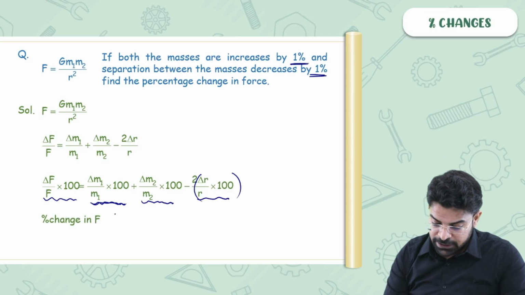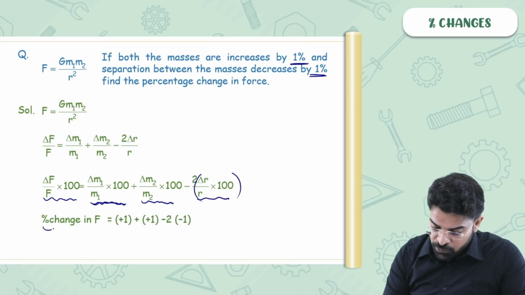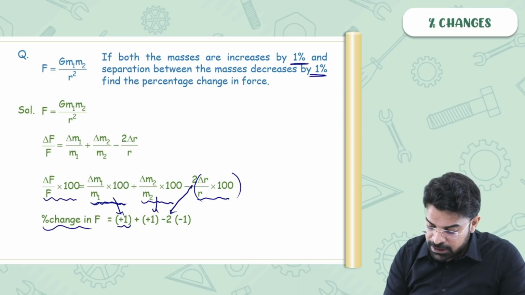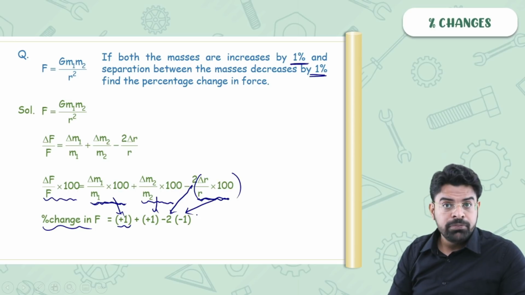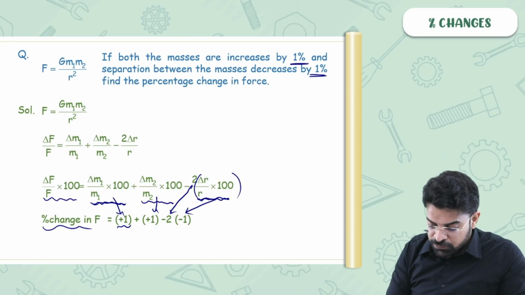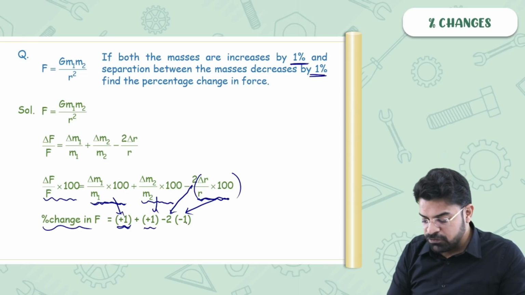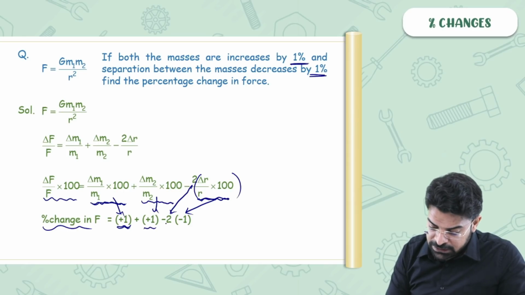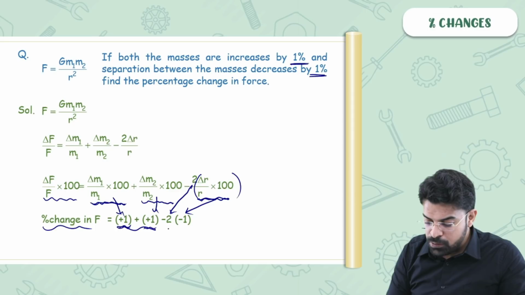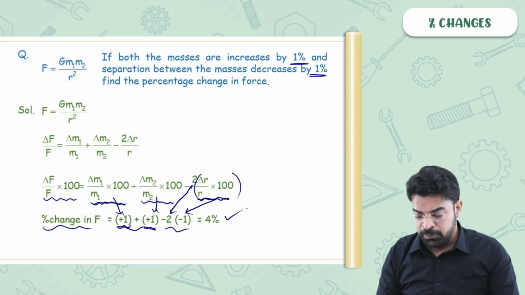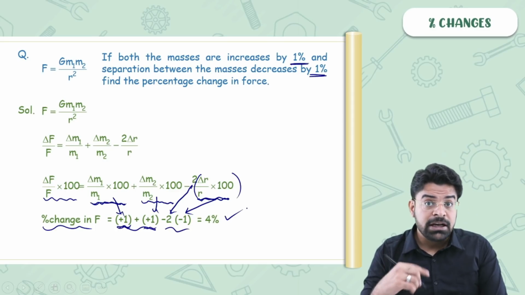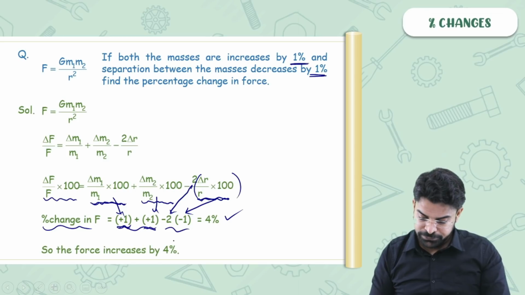So what you get is the percentage change in force equals plus 1, plus 1, minus 2 into minus 1, because it decreases by 1%. So what you get is plus 1 plus 1 minus of minus, which becomes plus, so you get 2 plus 2, that is 4%. Hence, the force increases by 4%.